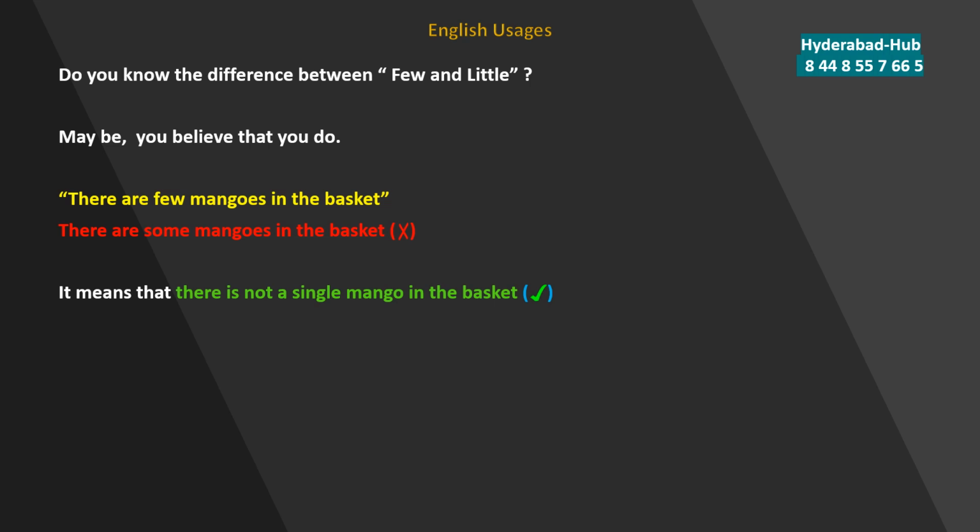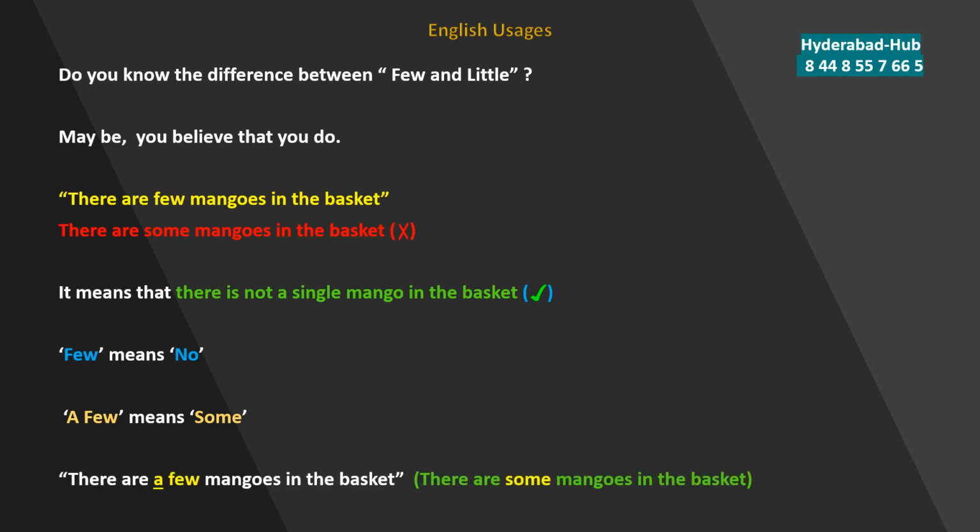Then what does few mean? Few means no. What does a few mean? A few means some. In the sense, if I say there are a few mangoes in the basket, it would mean that there are some mangoes.